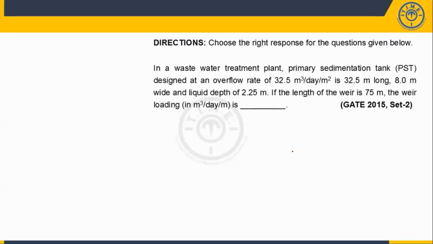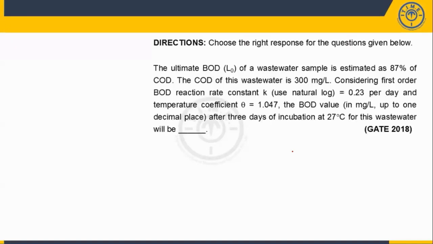Shall we do one more problem? One more problem of a different model. Let's do this, I'll explain. L naught is given: the ultimate BOD of a wastewater sample is estimated as 87% of COD, that is 0.87 of COD.